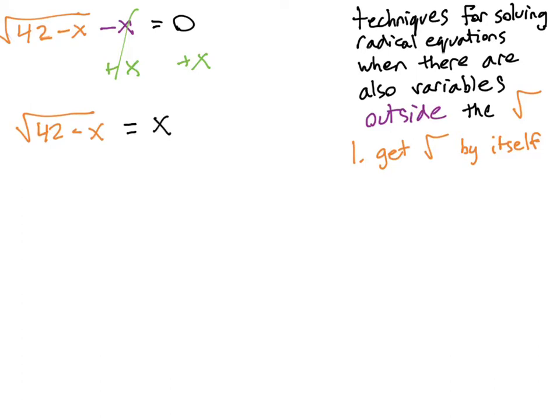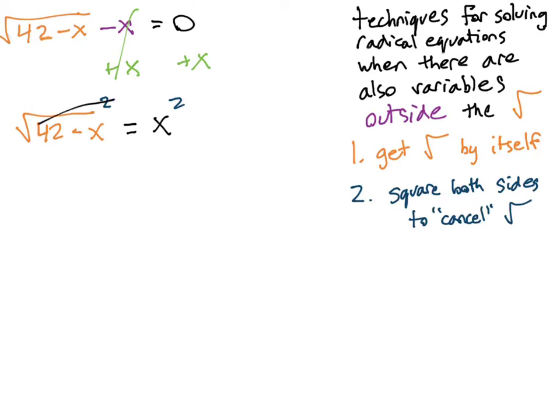And when we have a radical that's by itself in an equation, we've seen before that to get rid of that radical, we can square both sides of our equal sign in order to cancel out that square root. And when we square a radical, that will cancel out because those are inverse operations. So now we're just left with 42 minus x is equal to x squared.